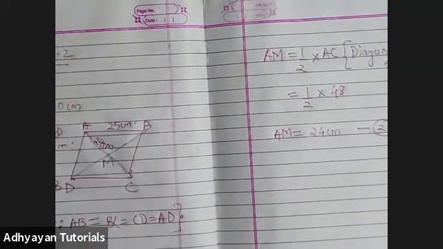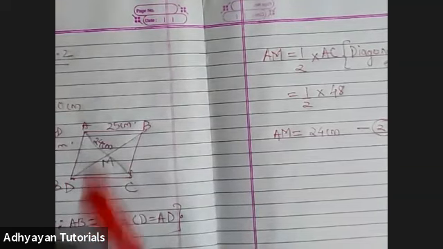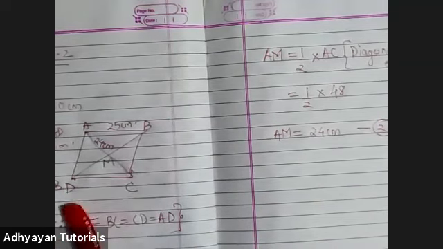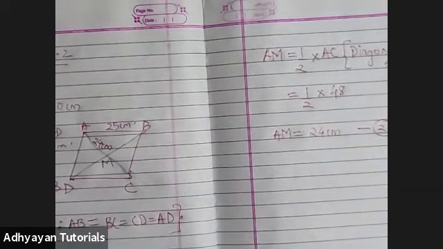So children, now, since I'm interested in the value of this diagonal, I'll tell you what we have to do. Look at those two diagonals. Can I state those two diagonals are perpendicular to each other? Yes, that is the property.